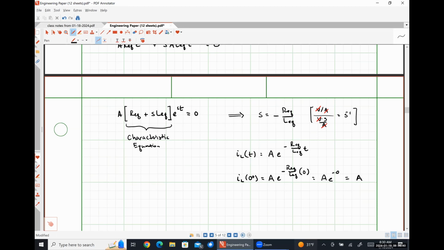So at the very beginning of our transient condition, our inductor current is just whatever value it had at t = 0+.